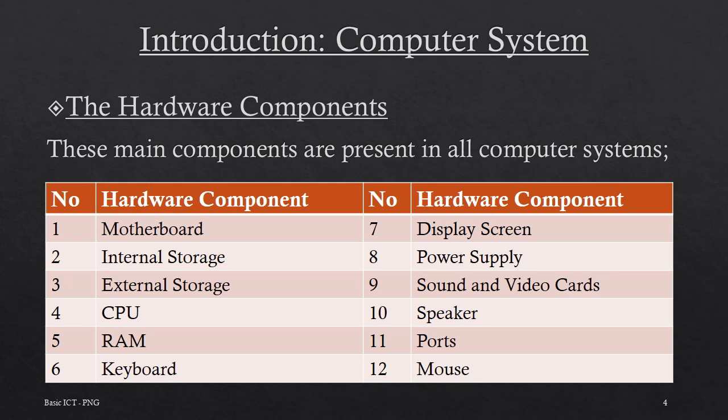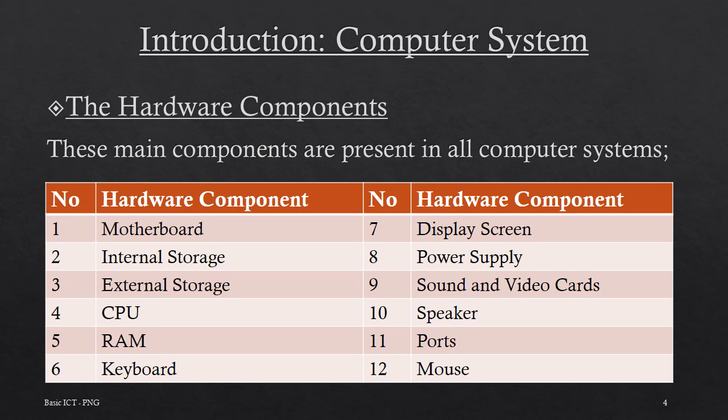Note that each of these names may vary from computer to computer as well. For instance, internal storage on a smartphone may be referred to as internal storage, while on a PC computer it is referred to as hard drive.